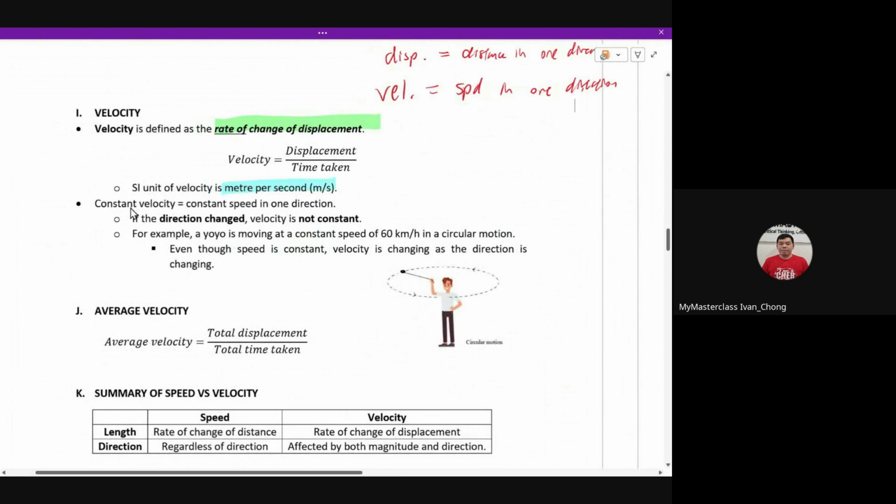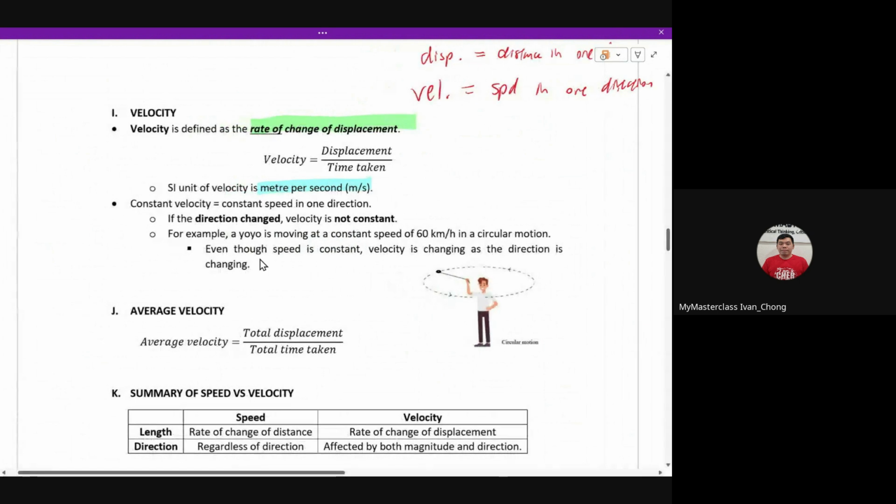Constant velocity means constant speed in one direction. However, the other way doesn't work, which means if you have constant speed, you don't necessarily have constant velocity. Why? Because velocity needs direction. So if you change the direction, velocity is not constant.